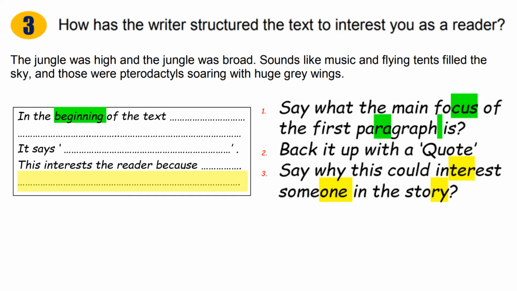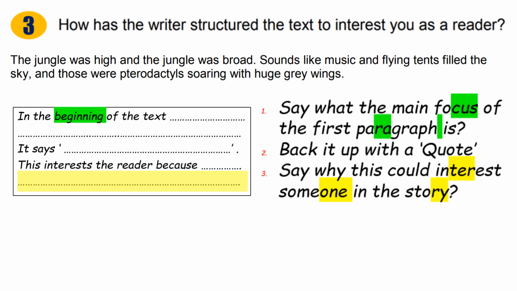So it will generally be either, the focus will be either setting, where are we in the story, and a description of the setting, or it might be a character, or it might be an event, a bit of plot.